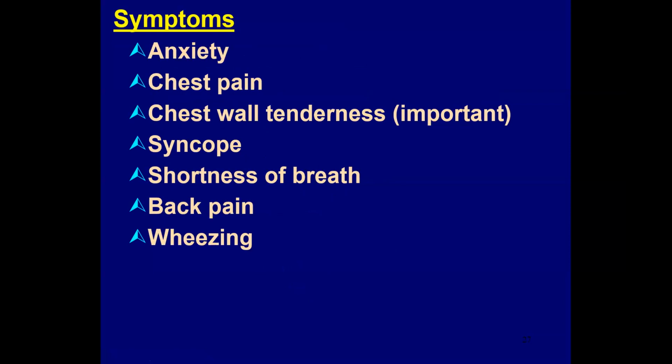They will have chest pain. There will be chest wall tenderness, and this is an important sign. The patient will have syncope, shortness of breath, back pain, and there will be isolated wheezing. The hypoxemia to that area of the lung causes bronchoconstriction, and this causes the isolated wheezing.